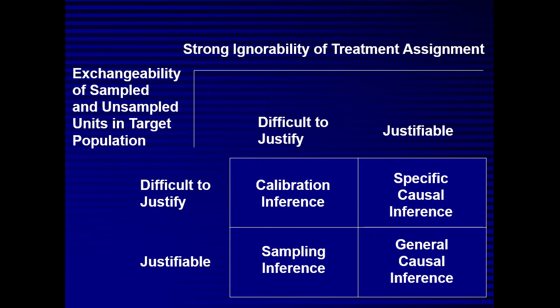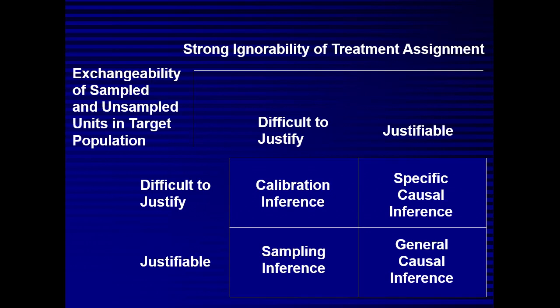If you can justify that your sample is representative of the target population, but you did not have randomization to conditions or otherwise you did not control the potential confounding variables, such as when you're doing an observational study, then you have sampling inference.